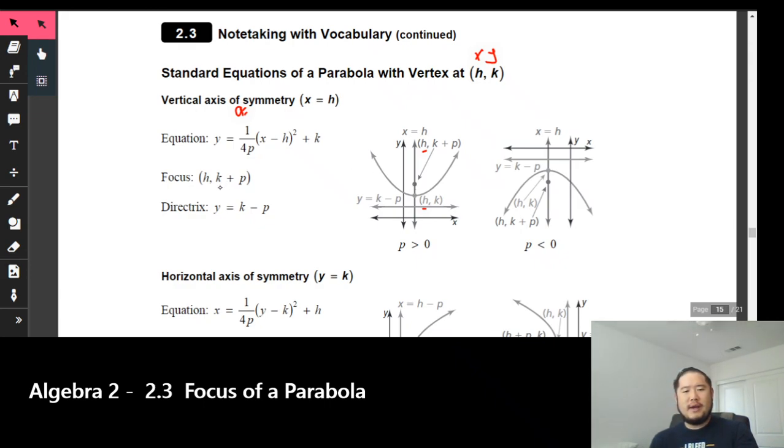That's why they show you right here. If it's inside going upwards, plus k. For the directrix, it's k minus p. All right, so k plus p right here, k minus p for the directrix. Remember, it's staying along this vertical line.